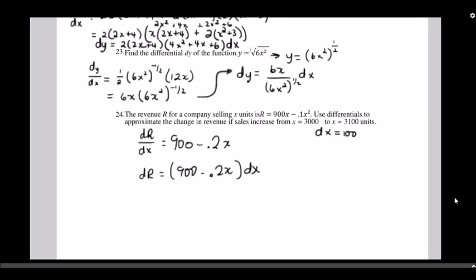So we need to plug that dx in right here. And this value of x is the beginning value of x, x equals 3,000. So the approximate change in revenue when x changes from 3,000 to 3,100 is 900 minus 0.2 times 3,000, times 100.